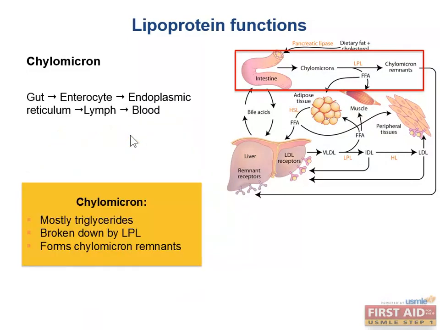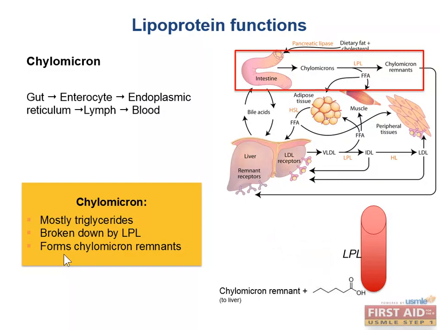Now, what's the function of a chylomicron? The main role of chylomicrons is to deliver dietary triglycerides to peripheral tissue. It's that simple. They want to transfer dietary triglycerides to peripheral tissues. Now, chylomicrons contain mostly triglycerides and only a small amount of cholesterol. The chylomicrons meet the lipoprotein lipase in the bloodstream, which releases triglycerides.